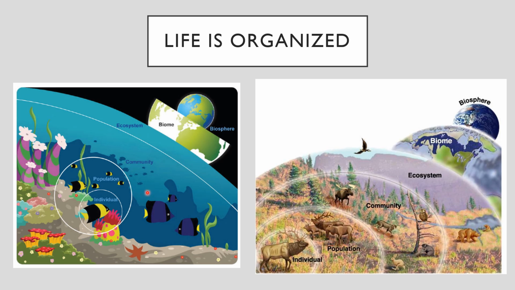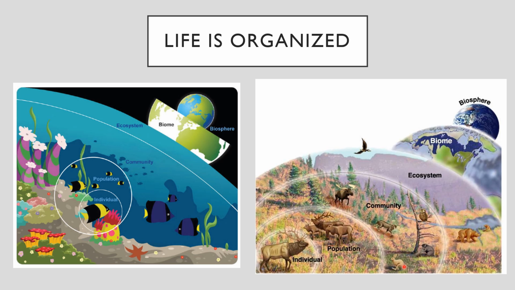Then you have a community level. This is where we look at all living things in a specific given area. So you see, I keep repeating that term. A lot of ecology is based on what you're looking at and when and what you define as the boundaries.